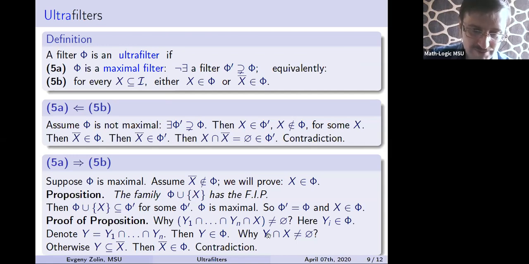The intersection of two sets is empty means that one set lies in the complement of the other set. But the set Y is in phi. Therefore, the complement of X is in phi. But this is a contradiction. We assumed at the very beginning that the complement of X is not in phi. So this contradiction shows that our proposition is true.